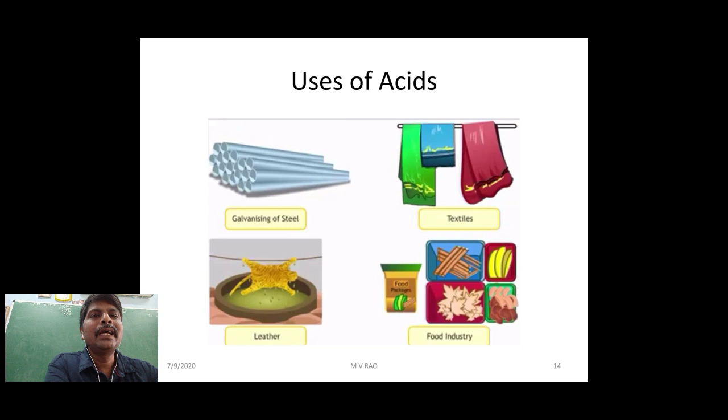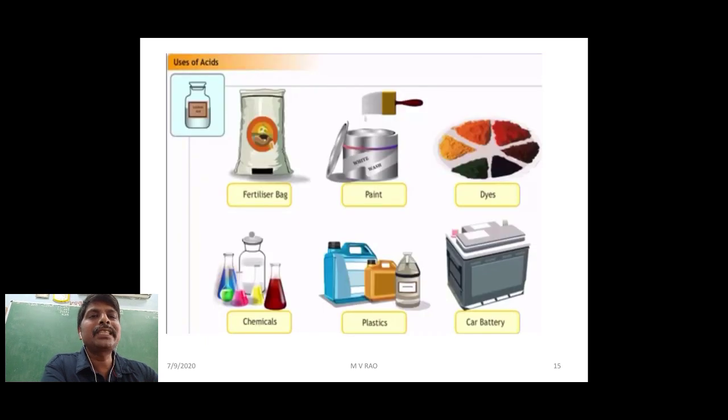Now we will see the next one, uses of acids. Acids are commonly used in galvanizing of steel, in the textile industry, in the leather industry, that means tanning, in the food industry, in fertilizers, in paints, in dyes, in the preparation of chemicals, in the preparation of plastics, and an important one is the car battery.